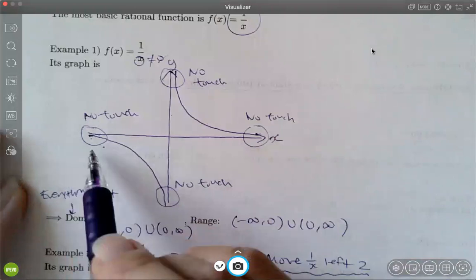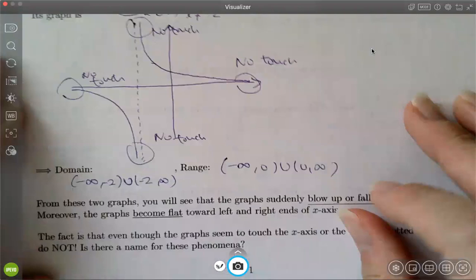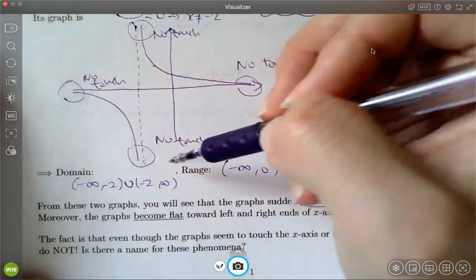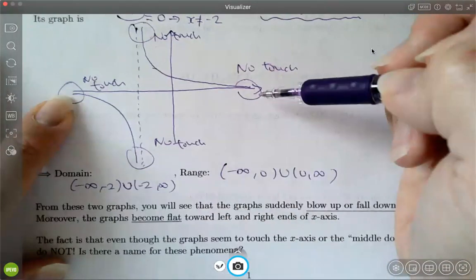Rather, they look more like a horizontal line, but it's not a horizontal line. Same thing right here. The graph blows up here, it falls down here, but then the graphs start to resemble a horizontal line at these two portions.